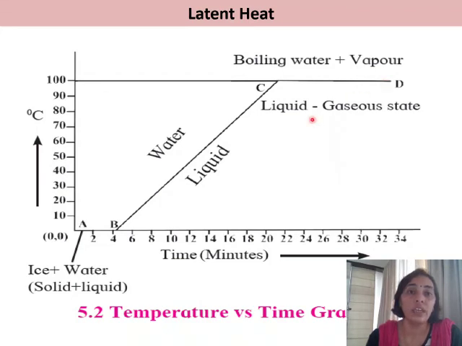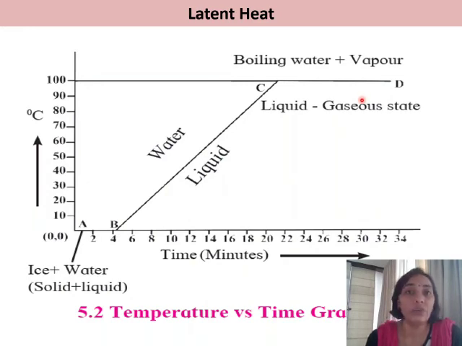Just as here the heat was being utilized to weaken the bonds in the solid to get converted into the liquid state. So same way during this time CD, we find that the heat energy is being utilized to break the bonds in the liquid to convert it into the gaseous state. So here we come across a new term, that is latent heat of vaporization.